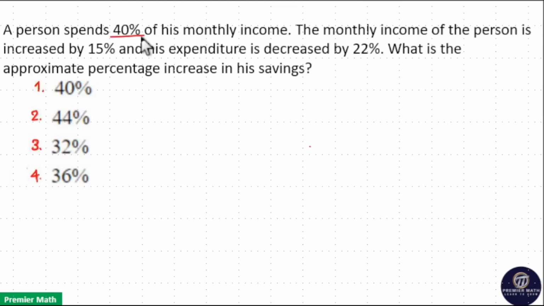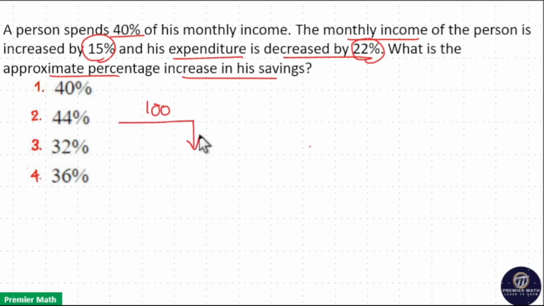A person spent 40% of his monthly income. The monthly income of the person is increased by 15% and his expenditure is decreased by 22%. What is the approximate percentage increase in his savings? Here, consider 100 rupees as his initial income and out of this, he spends 40%. Then remaining 60% is savings.